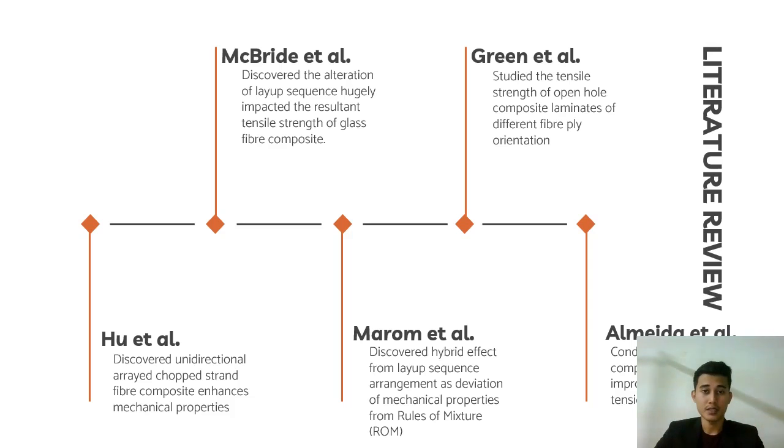For the second part, McBride et al. discovered that the alteration of layup sequence hugely impacted the resultant tensile strength and the formation of glass fiber composite.